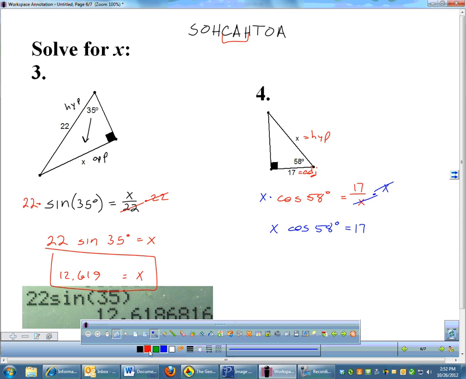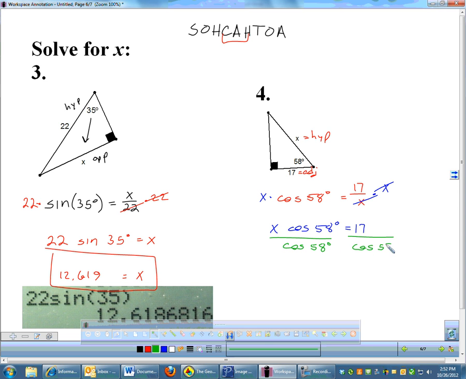To avoid having to store answers, I'm simply going to divide by cosine of 58, and I'll punch it in as cosine of 58 degrees, rather than getting the crazy decimal value. So I'm going to divide by cosine of 58 degrees. That's going to cancel this, and I get x is equal to 17 divided by cosine 58 degrees.